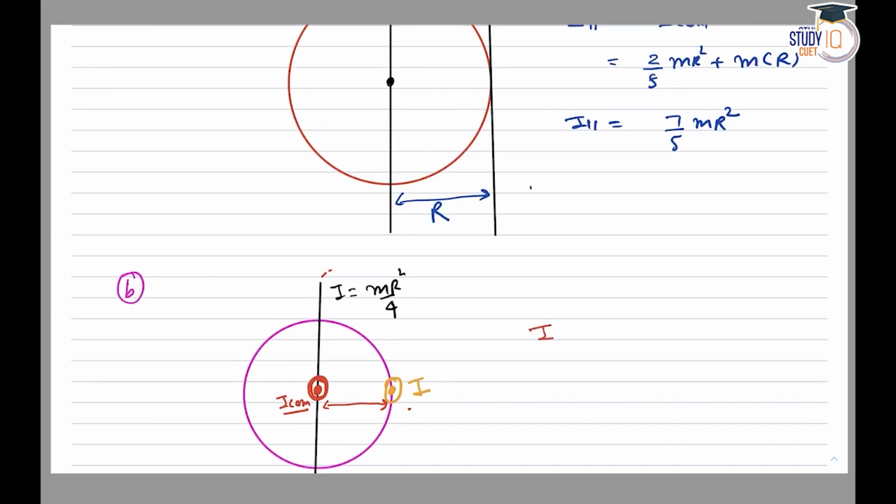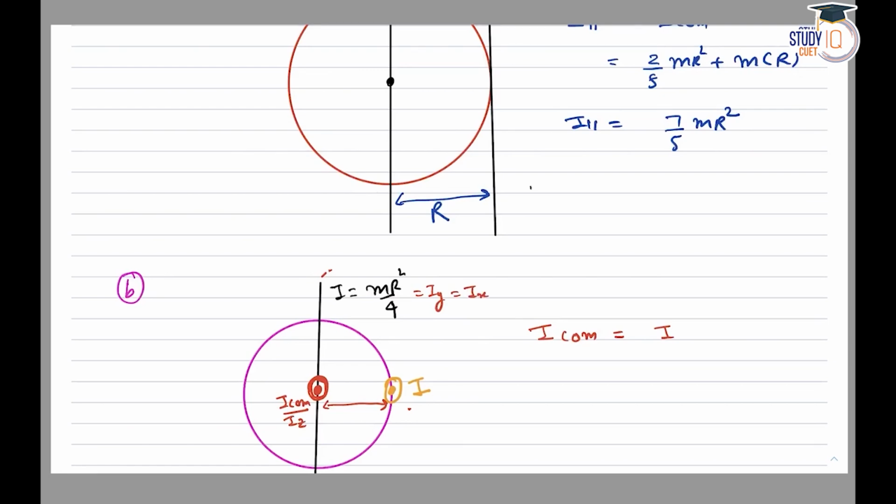The perpendicular axis theorem says that the moment of inertia about any perpendicular axis can be written as follows. Let's say this is IZ and this is IY. Similarly, due to symmetry, IY is equal to IX.